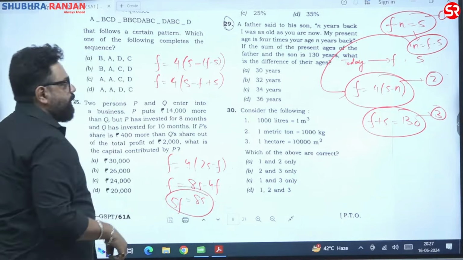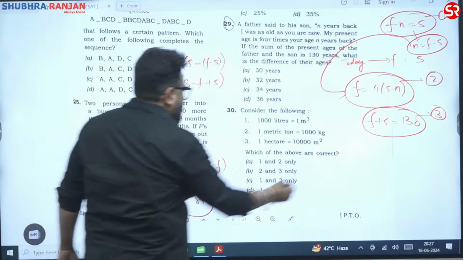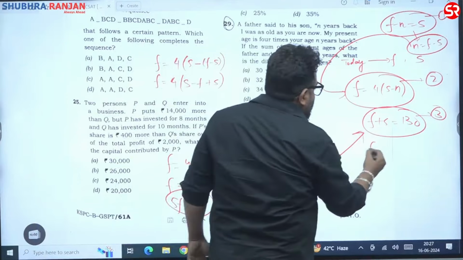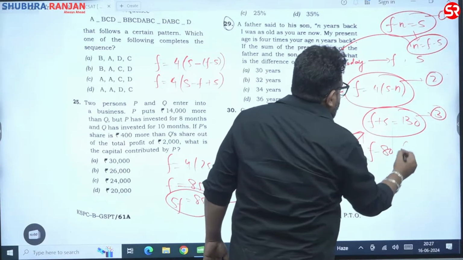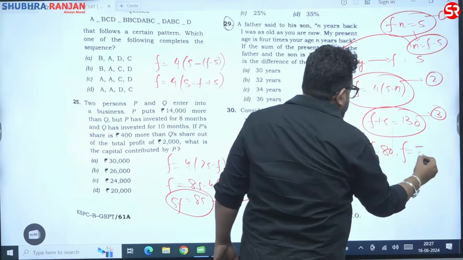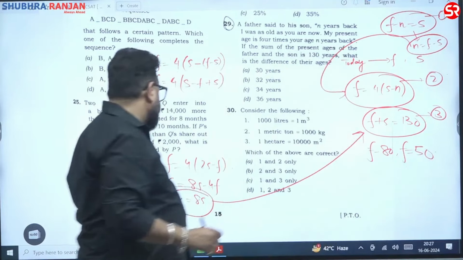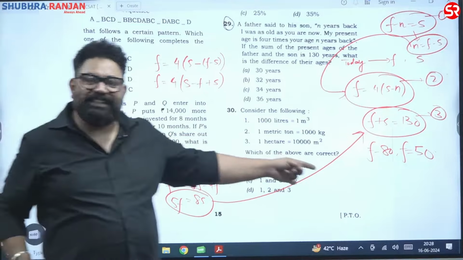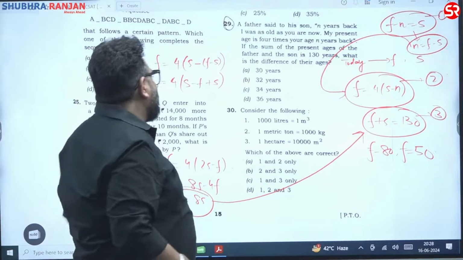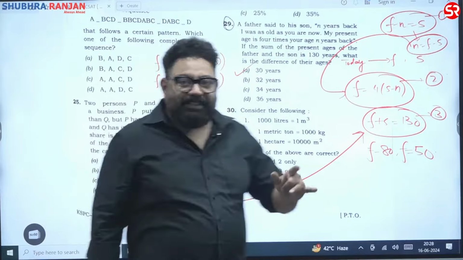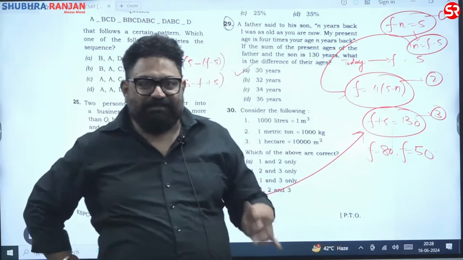This is something you need to put in over here. And you would get father's age to be 80, son's age to be 50. Why? Because the ratio of father and son is 8:5. So 80 or 50 will work, right? So what is the difference between their ages? Difference between their ages is 30. Paper calculative, but easy.